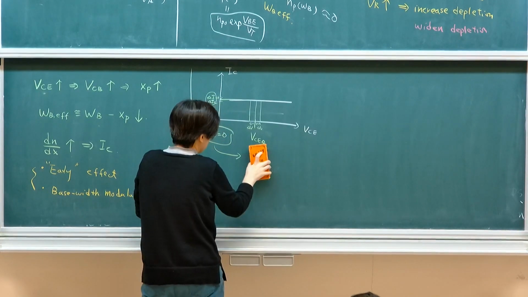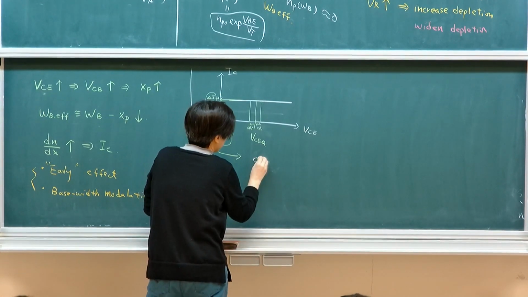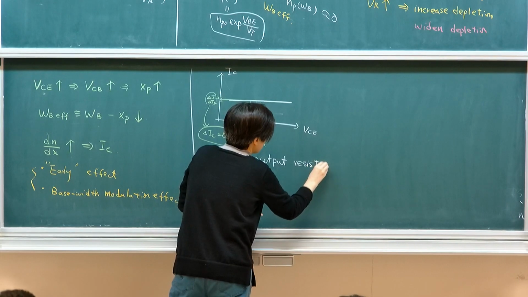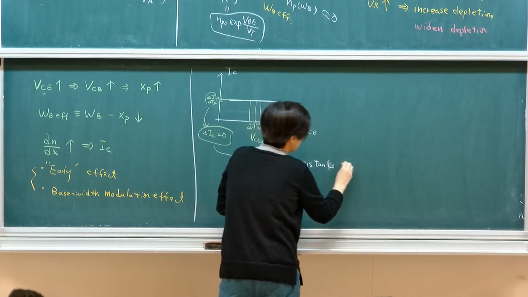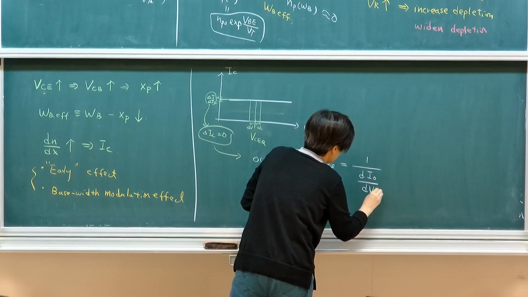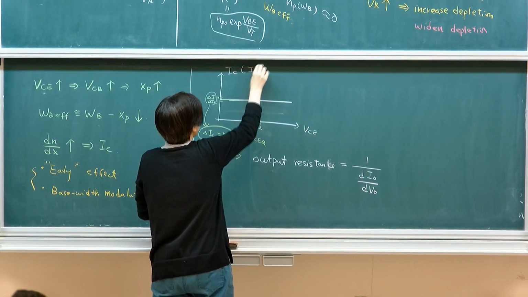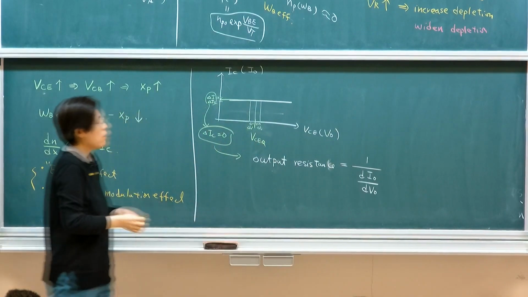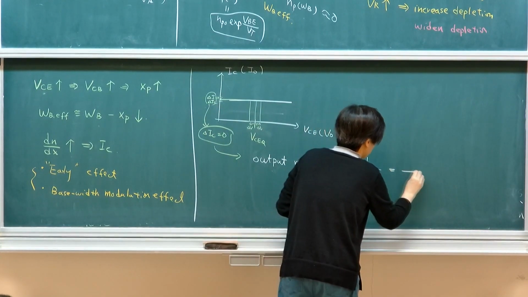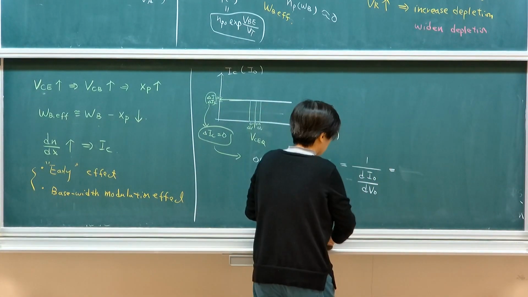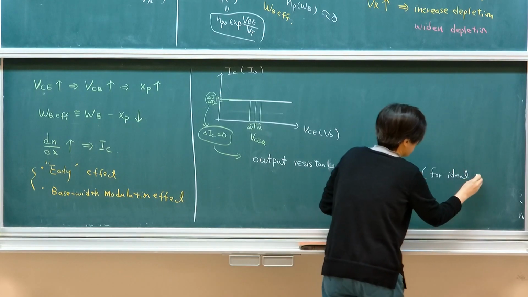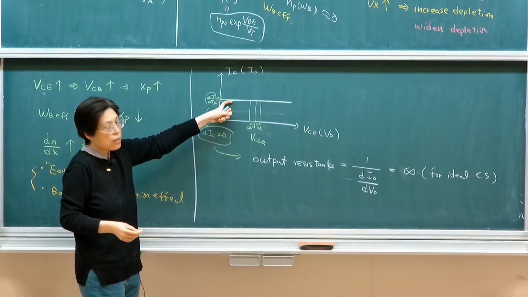We define something called the output resistance. If you define your small signal output resistance as 1 over dIO/dVO, where IO, remember, is this and VO is this, and since my denominator is 0, this will simply give me infinite, for an ideal current source.